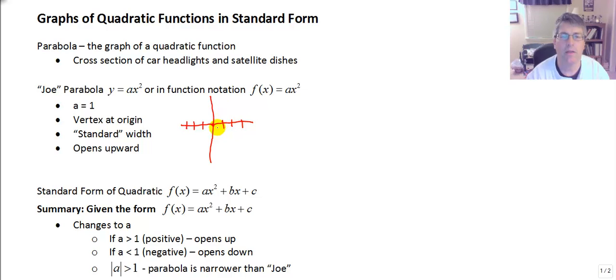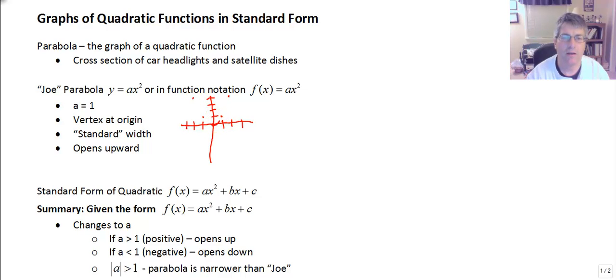Our typical width: if we input 1, we will output 1. If we input negative 1, we'll output 1. If we input 2, we'll output 4. And if we input negative 2, we'll output 4.